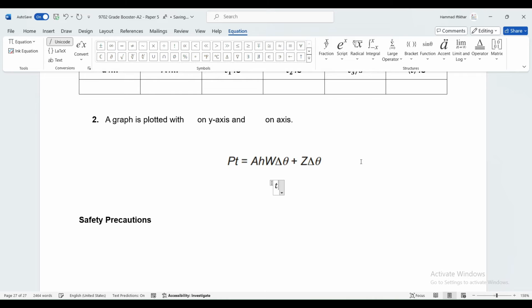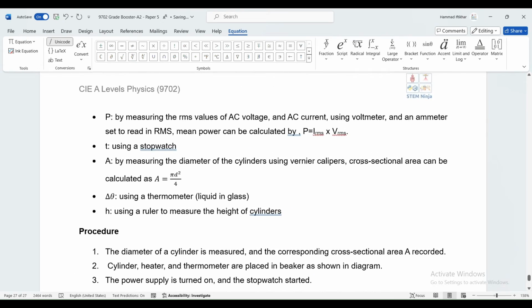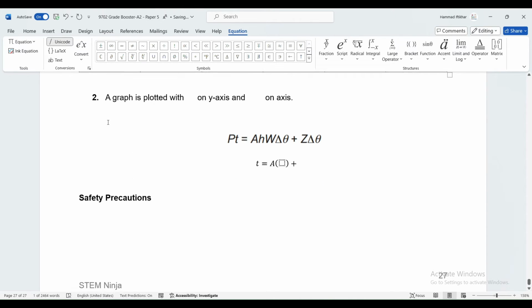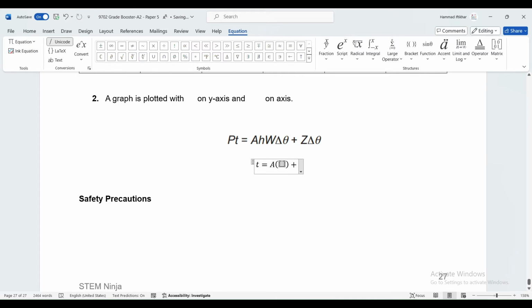So t is equal to area plus that. Okay. I will copy the delta theta. Yeah, because I don't want to do this again and again. This plus this. Okay.